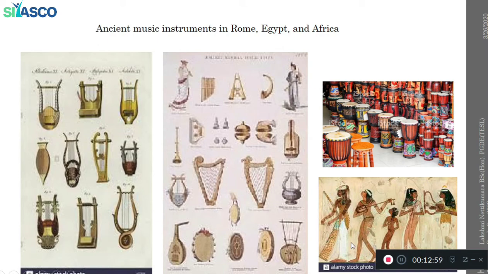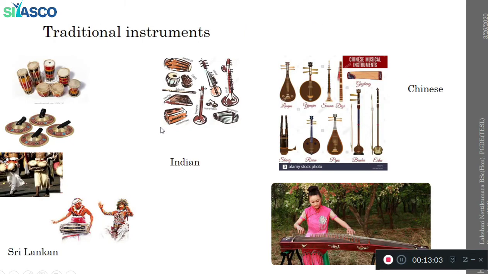Many of these instruments are actually not found today, but if you come to the traditional instruments, this slide shows you the traditional musical instruments in three different countries. Here are some Sri Lankan traditional instruments. These instruments still exist. Here are some Indian and Chinese traditional instruments.